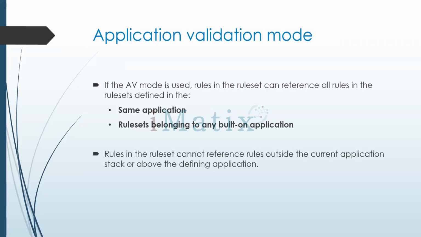If you are going for the AV mode, what are the two rules as part of AV mode? You can access rules from the same application, number 1. Number 2 is any rule sets belonging to the built-on application. Remember this? We'll come back to this again.